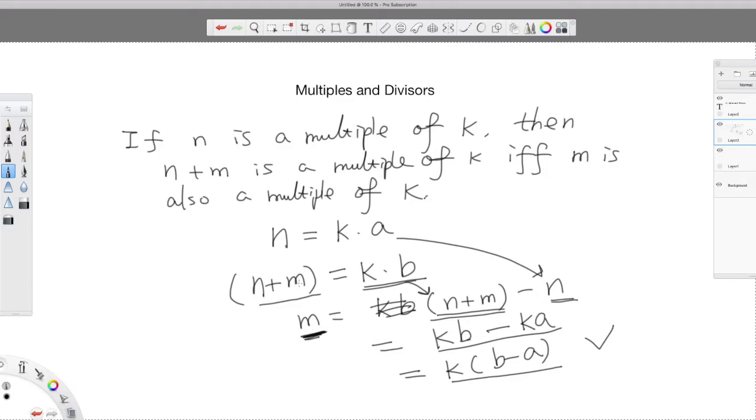So if n plus m is a multiple of k, then m has to be a multiple of k. Conversely, if n plus m is not a multiple of k, so n plus m divided by k will have a remainder, then m will also have a remainder. Okay?